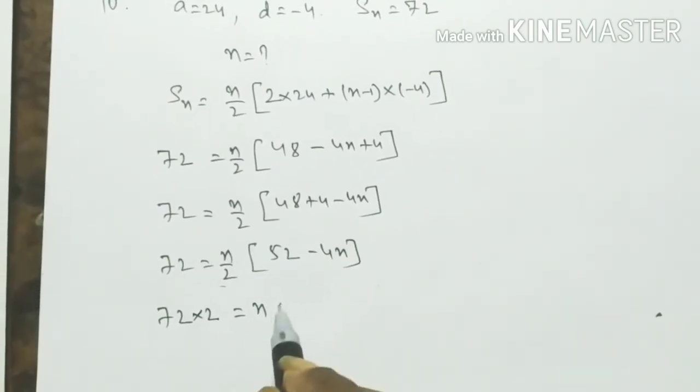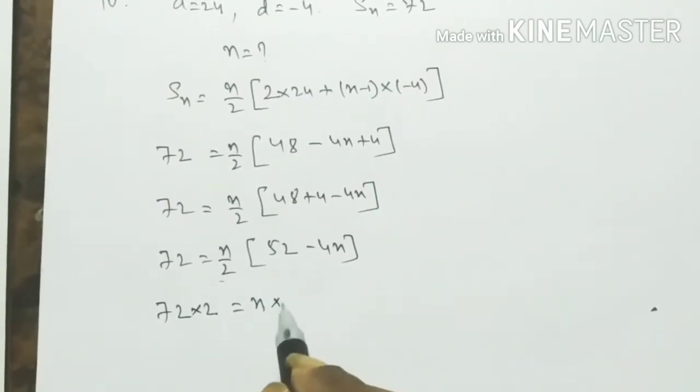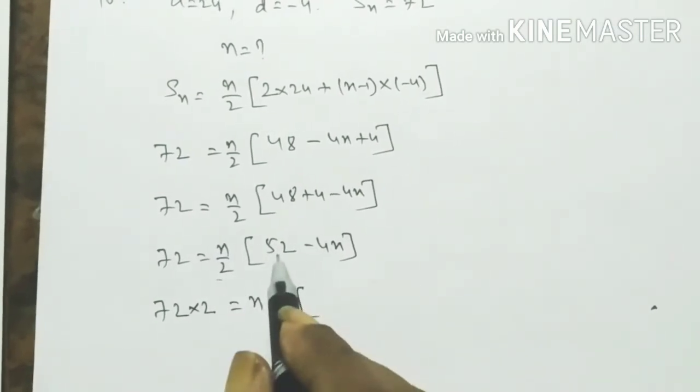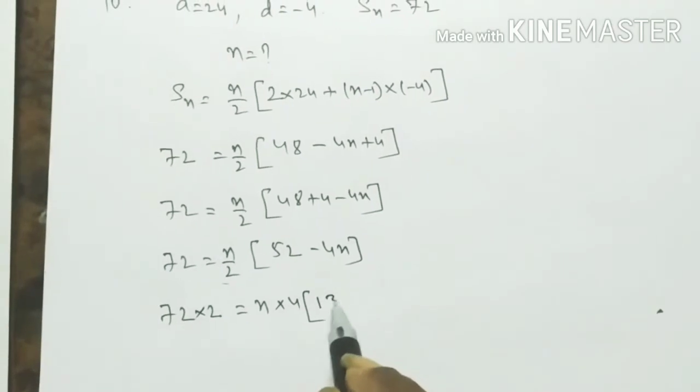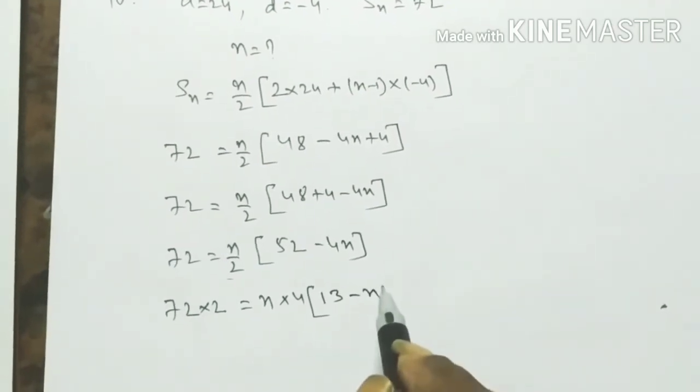Here I can take 4 common. So it will be 4 into (13 minus n).